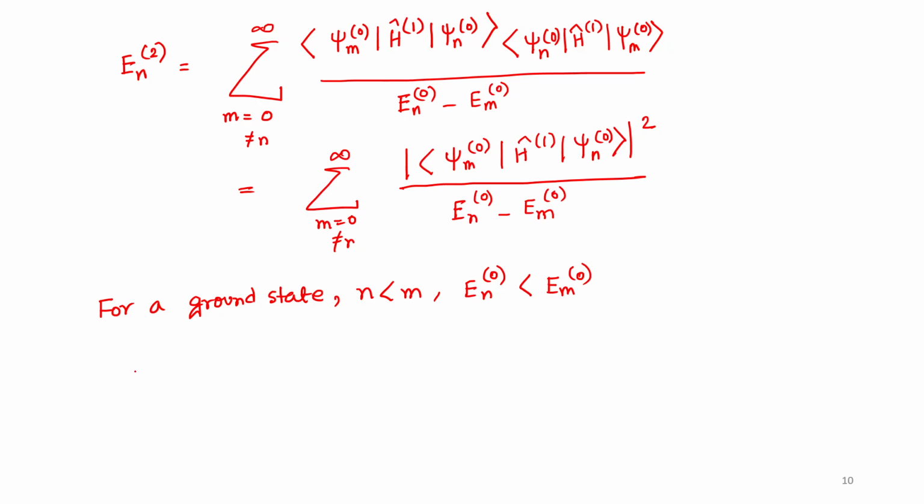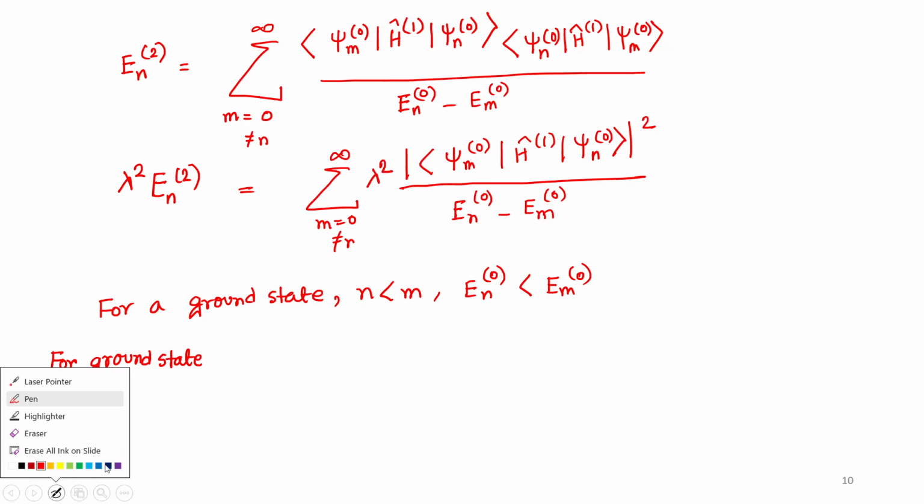So for the ground state, I'm not finished yet. If I had to write it in the correct factor, then I need to multiply the lambda square also.